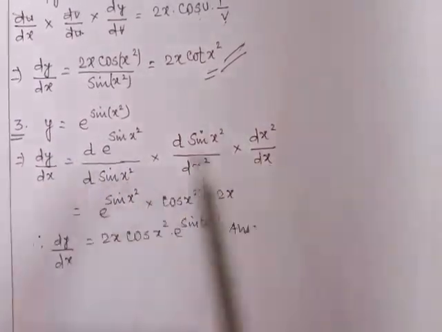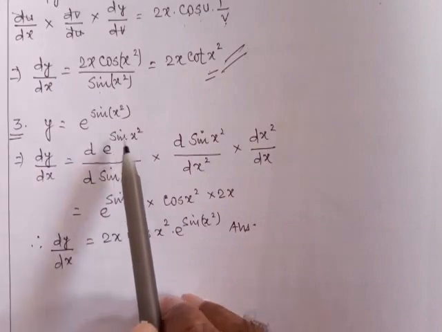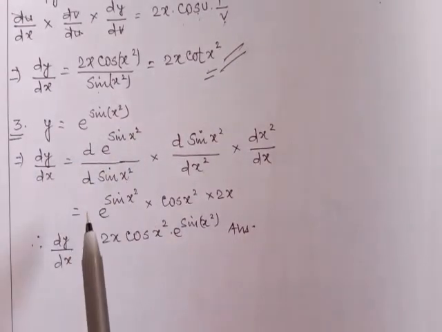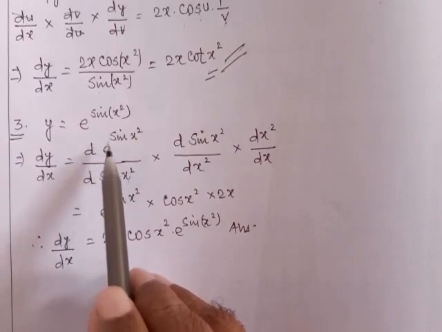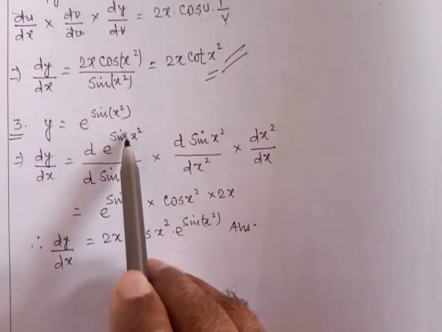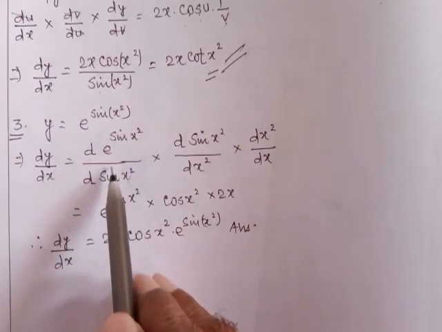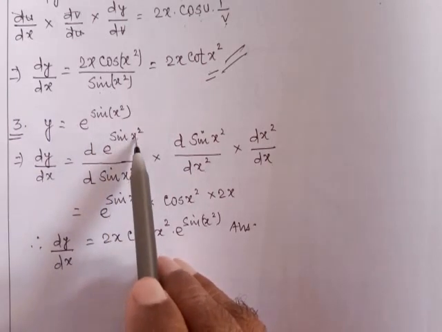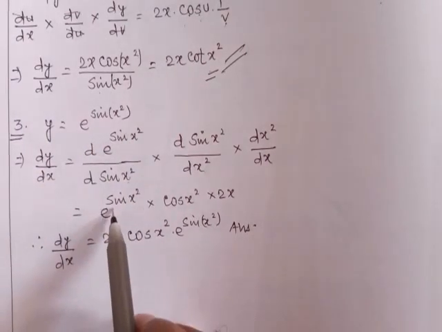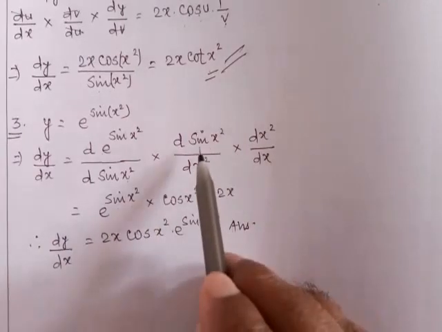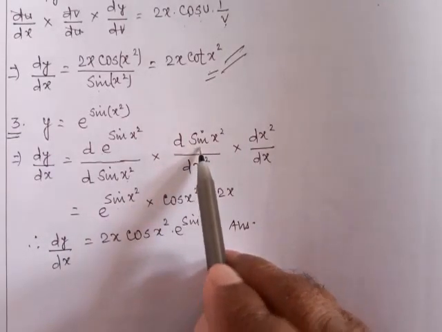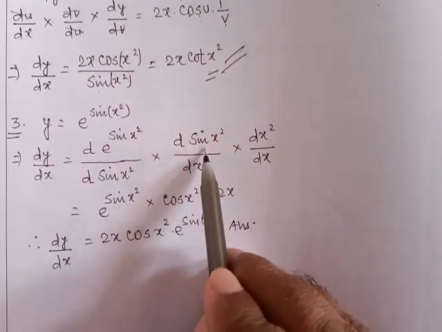So now here differentiation of e to the power x is e to the power x itself. So here e to the power sin x square. Similarly, differentiation of sin is cos. So it should be cos x square into differentiation of x square, which is 2x.